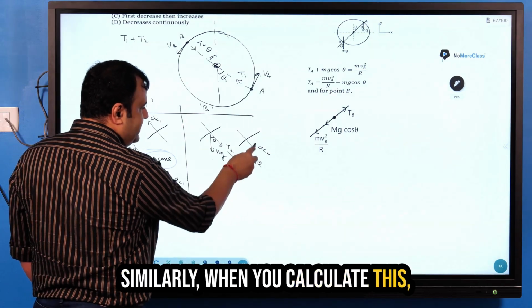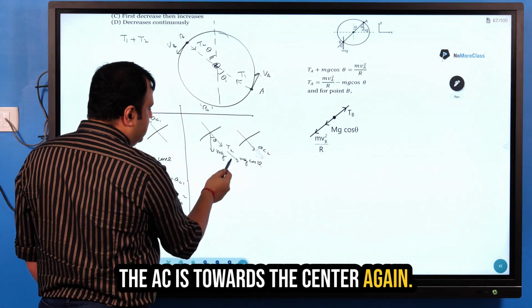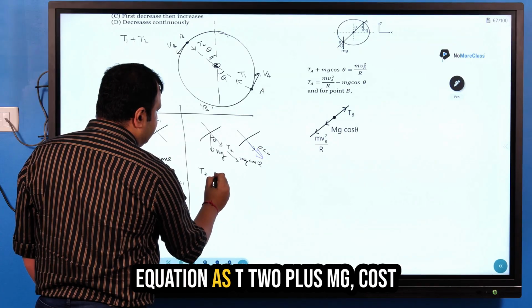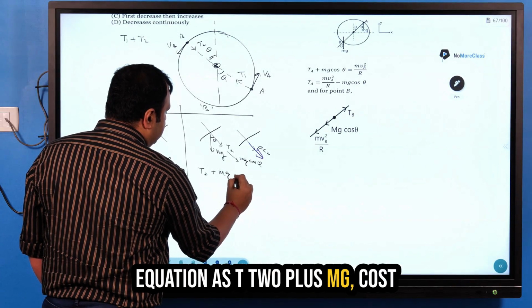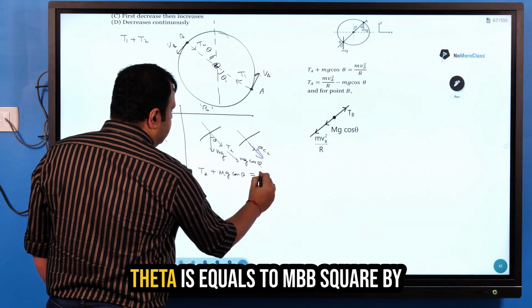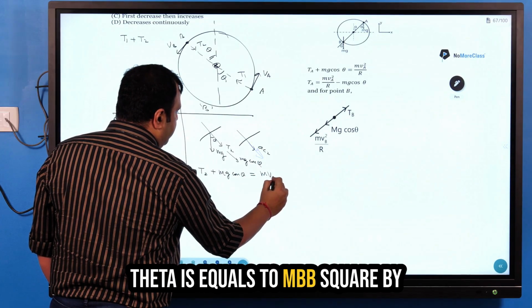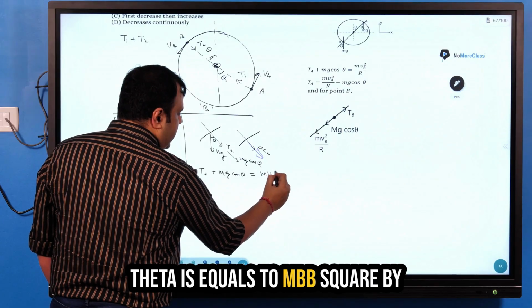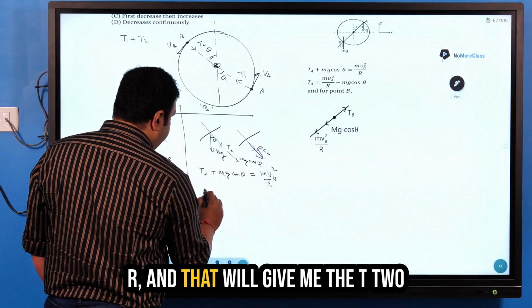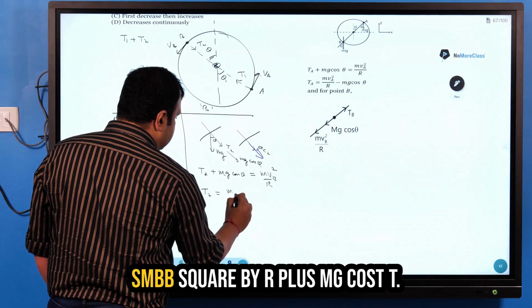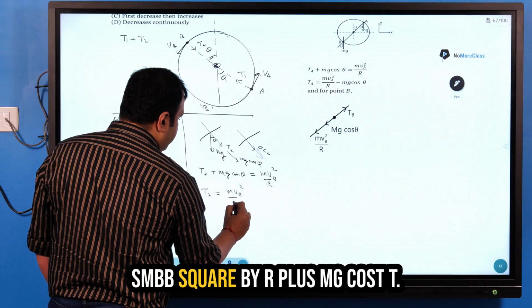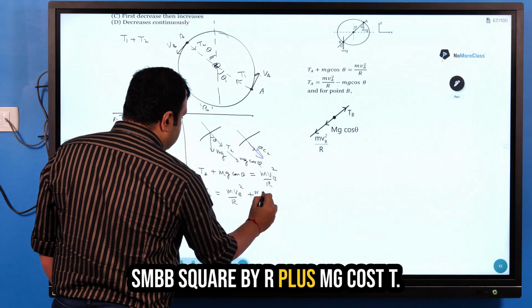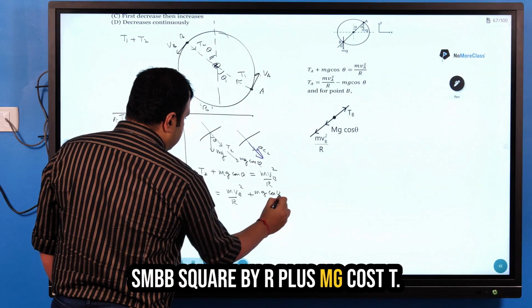Similarly, at B the acceleration is toward the center again. So in this case, we get the equation T2 plus mg cos theta equals m VB square by R, and that gives me T2 as m VB square by R minus mg cos theta.